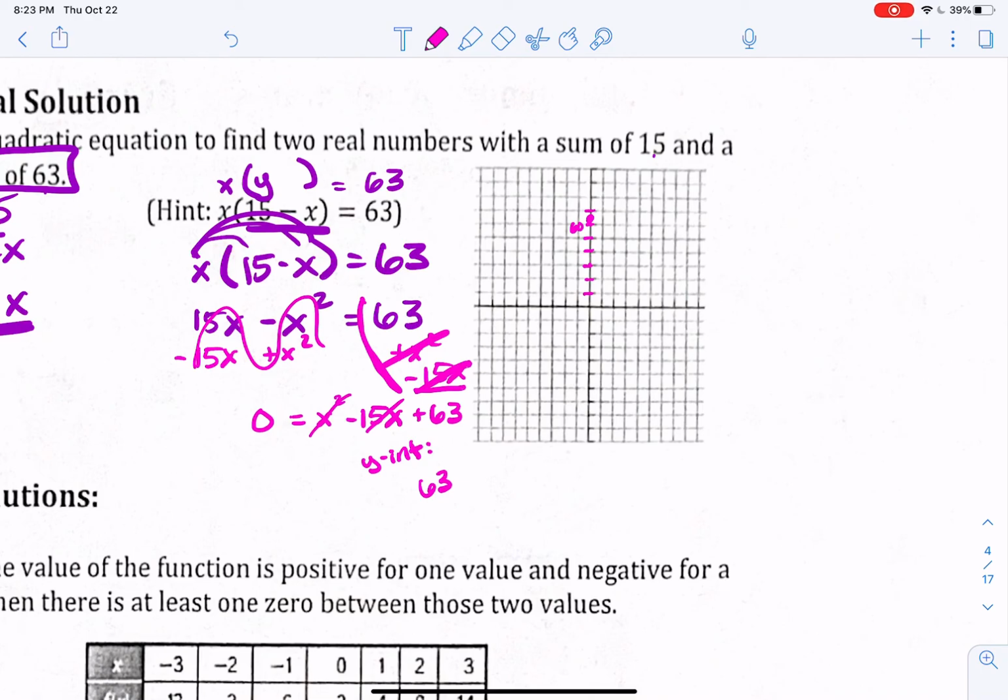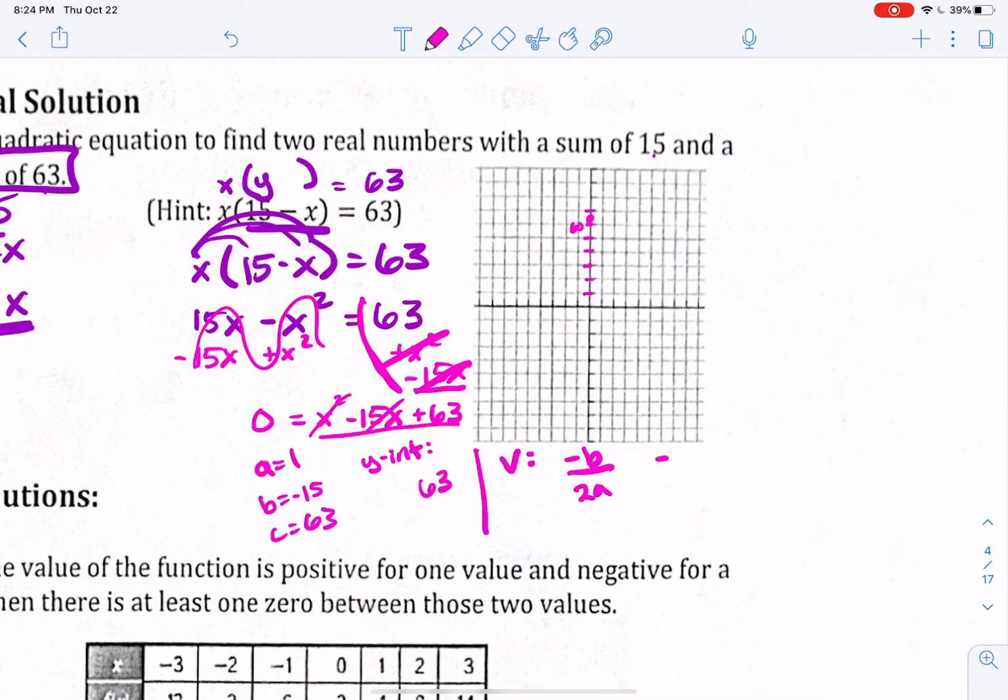Shoot. Maybe we do have to find the vertex. I lied to you. We do have to find the vertex. So there's a y-intercept. Let's do the vertex: negative b over 2a. Sorry. So a in this case is 1 again, b is going to be negative 15, and c is going to be 63.